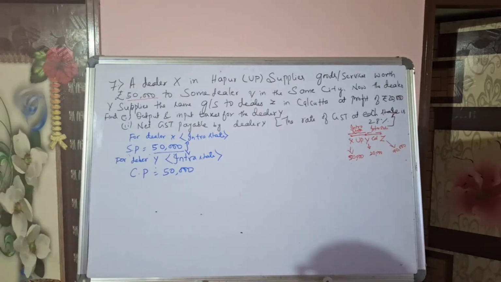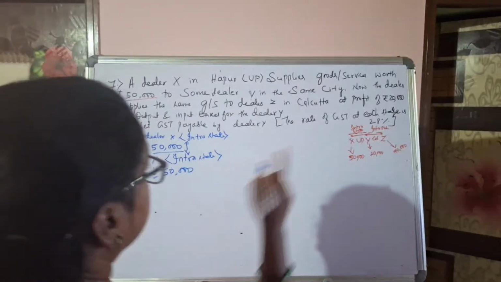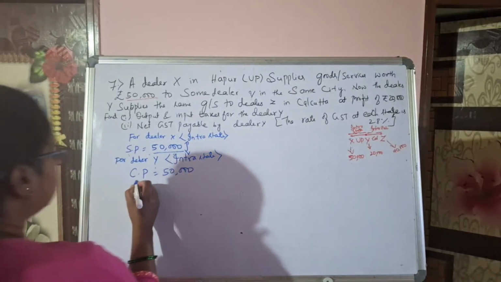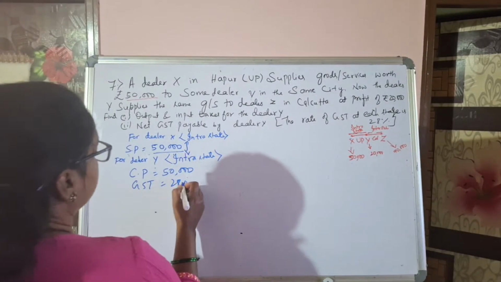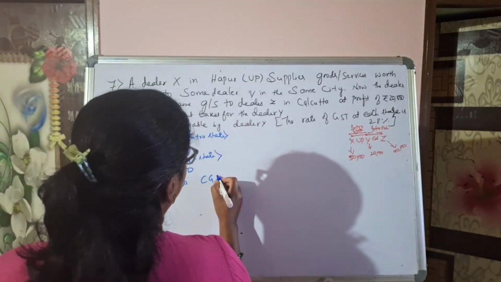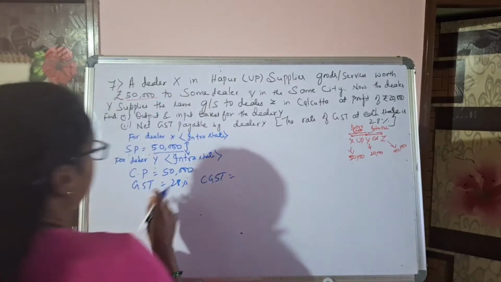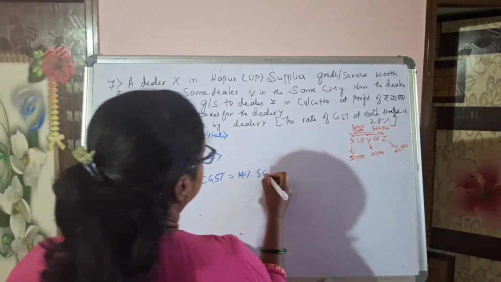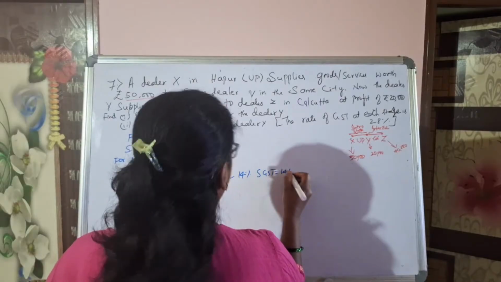Since it is an intrastate transaction, the rate of GST they have given is 28%. If GST is 28%, then CGST is equal to half of GST, which is 14%, and SGST is also 14%.